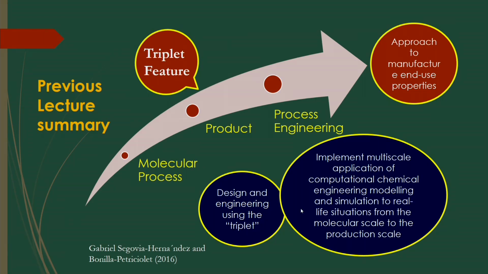This molecular process means the reaction process at the molecular level, and by this molecular process you can get the product. The product will of course be a mixture of different products and byproducts, that is desired products and undesired products, and even unreacted products would be there.